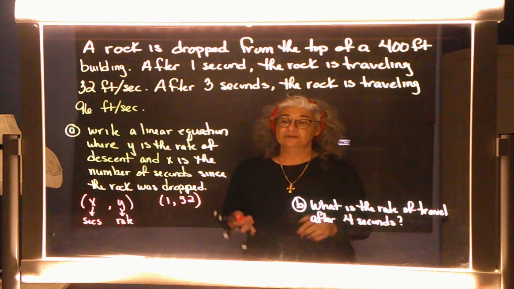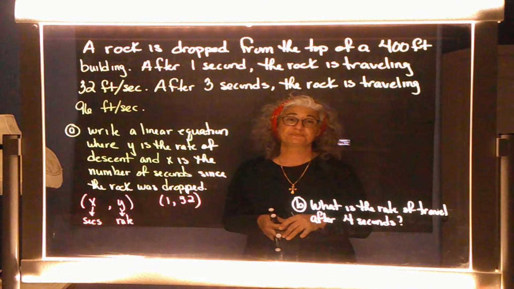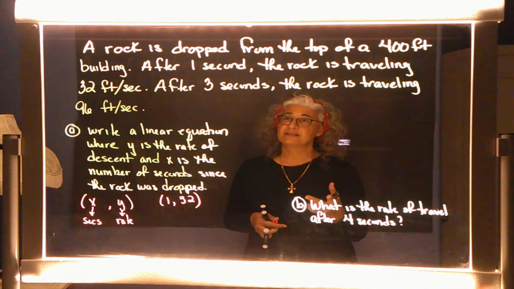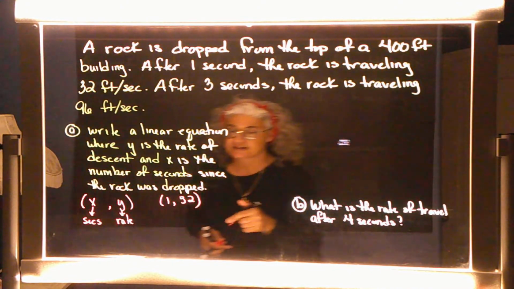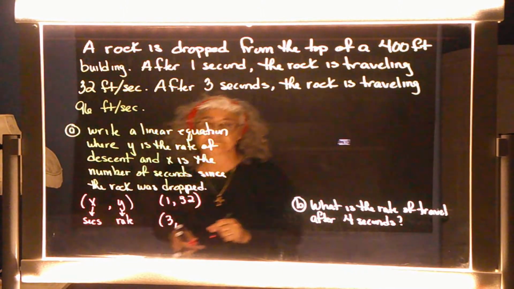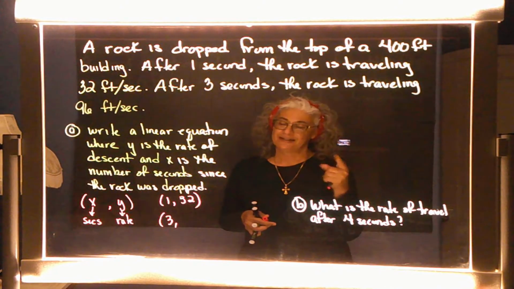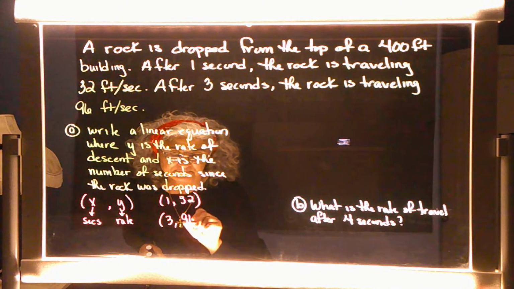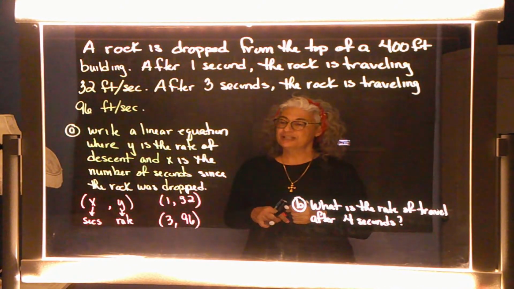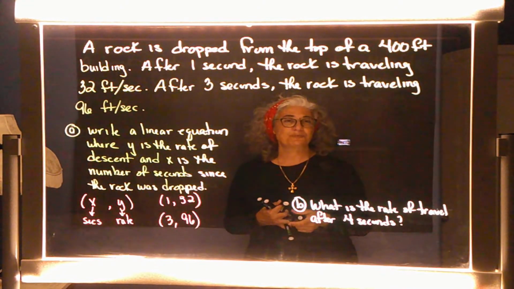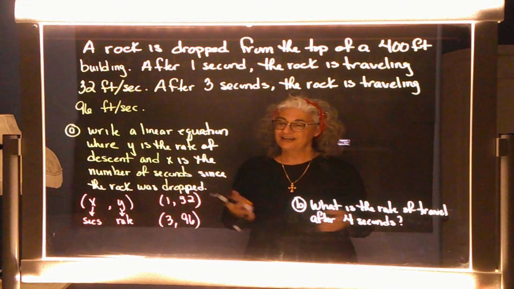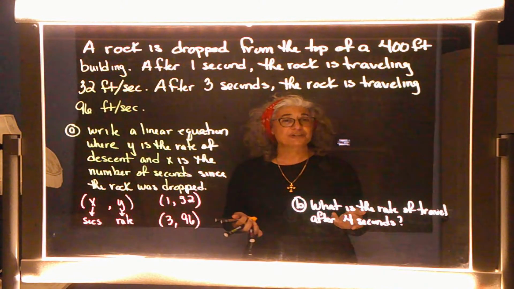So there's a point, (1, 32). After 3 seconds, there's another x, isn't it? The rock is traveling at 96 feet per second. There's another rate. So, looky there. I actually have 2 points, don't I? Okay. Am I going to be able to find the linear equation?